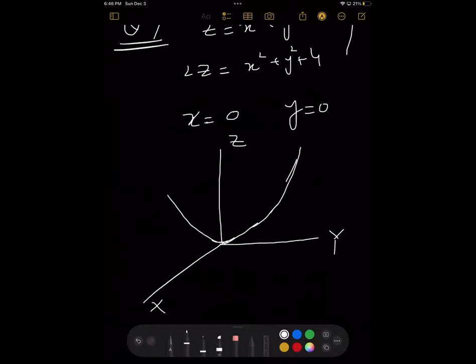So it is like, you know, a bowl in 3D. And now the second one is this one. You can write it as z is equals to x squared by 2 plus y squared by 2 plus 2. So you see there is a shift. Here is a 2, z is 2, and x squared plus y squared divided by 2.